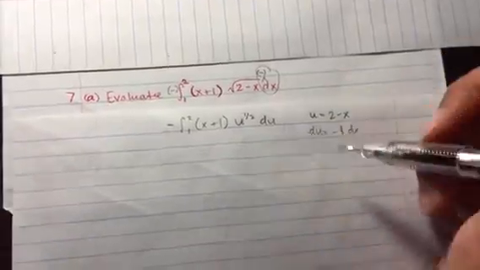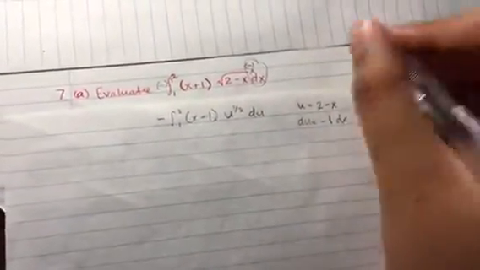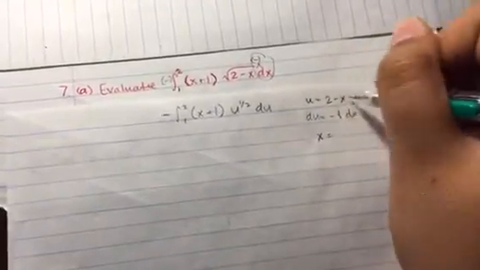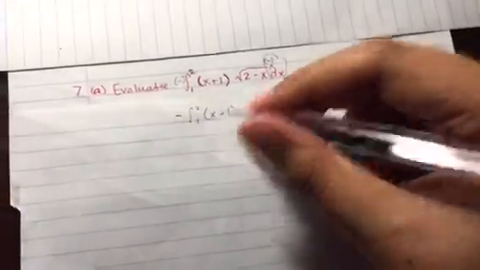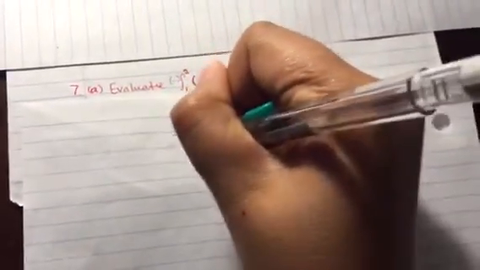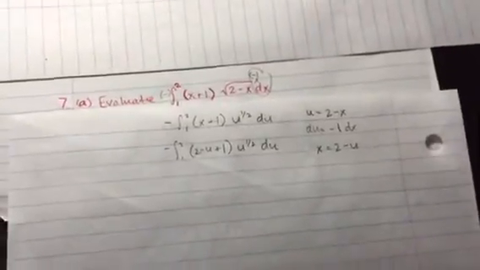And since we still have this x here, we can solve for x, which will give us 2 minus u, and then we can plug in this x. So we'll have negative integral from 2 to 1 of 2 minus u plus 1, times u to the 1/2 du.